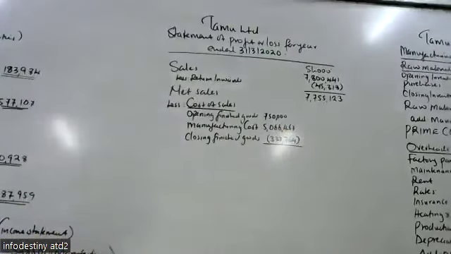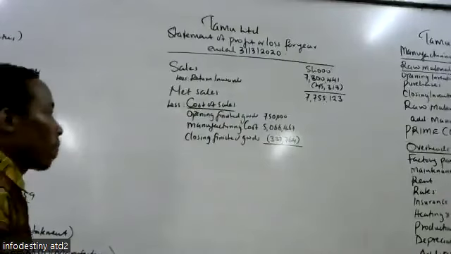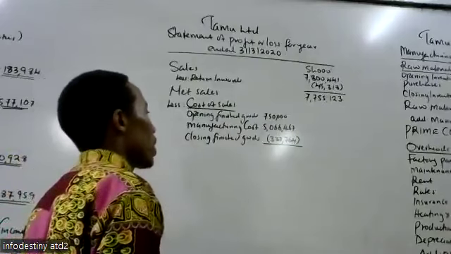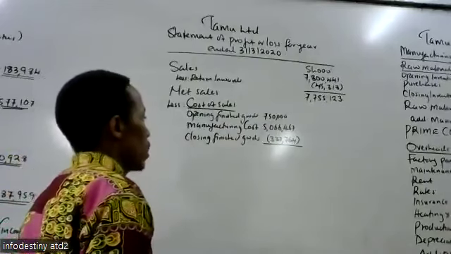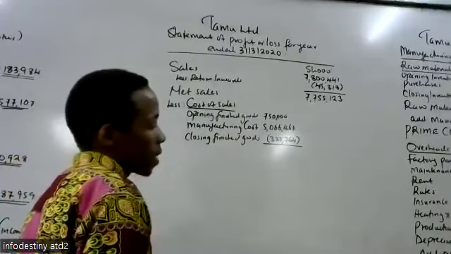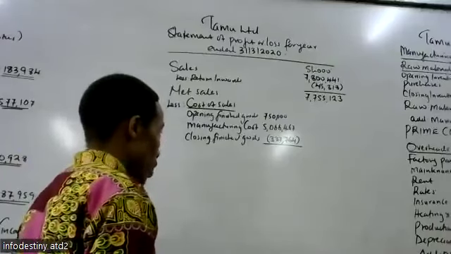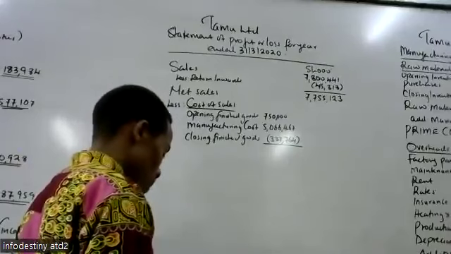So we have 750,000 plus 5,066,467 minus 337,764.